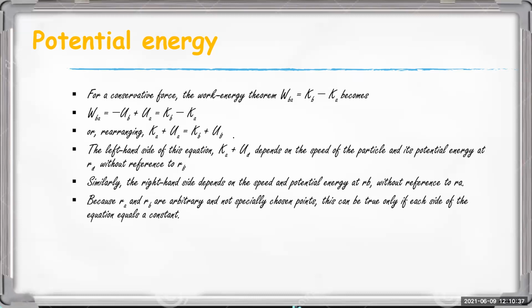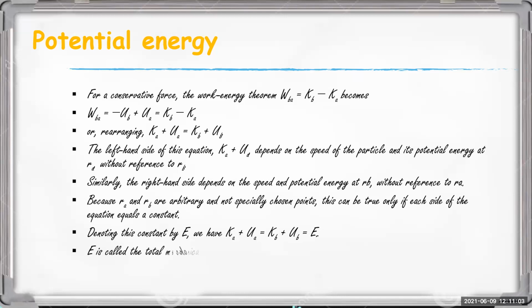Here we take that particular constant as capital E. Capital E is the total mechanical energy, the sum of kinetic energy and potential energy. So we write KA plus UA equals KB plus UB equals E. Here E is called the total mechanical energy of the particle, or simply the total energy.